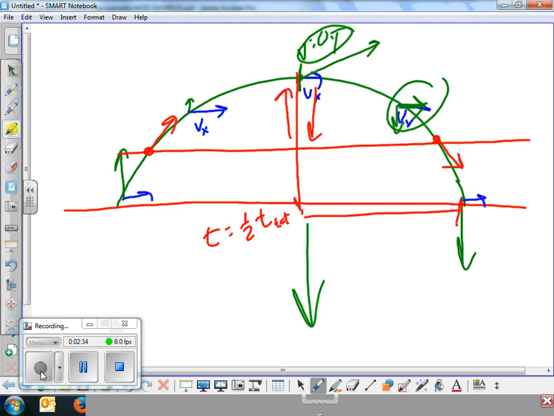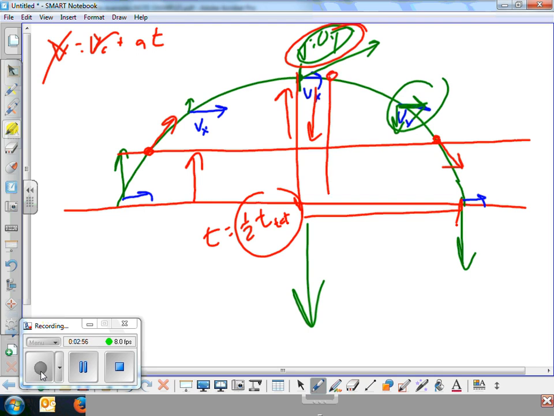A lot of times we use half of this time to figure out what our initial y velocity was, because we could use the fact that the y is 0, and we could go v equals v naught plus at, and cancel this out because we know it's 0. Or we could have canceled this one out and left the final velocity a number, pretending that we drop it, or using that half of the equation. So all those things we already did, and hopefully you're getting a grasp on that.